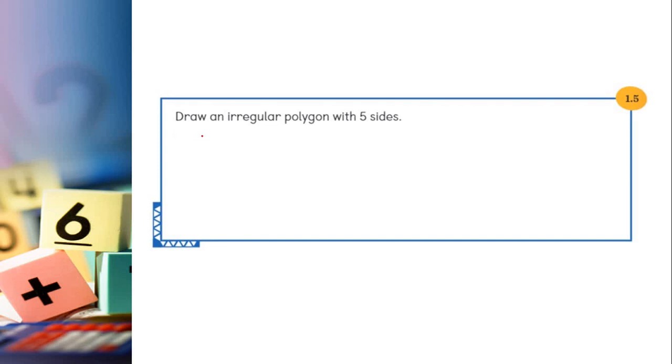Now there is an activity for you, children. You have to draw an irregular polygon with 5 sides. Irregular polygon means with different lengths we have to draw. It should be irregular. Is it clear, children?